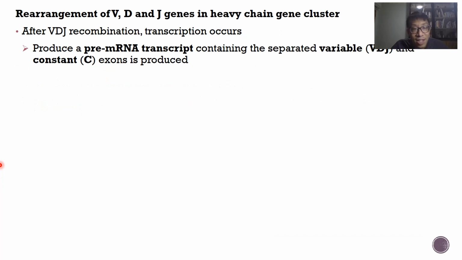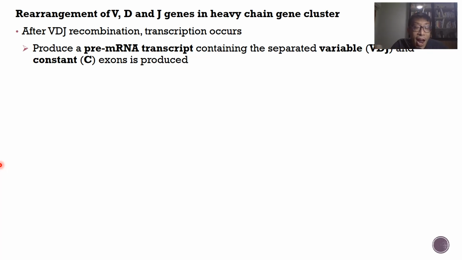Alright, so one that is done at the DNA level with the somatic recombination, then we would have transcription to form the pre-mRNA that contains the VDJ exons in this case, and introns and the C exons as well.